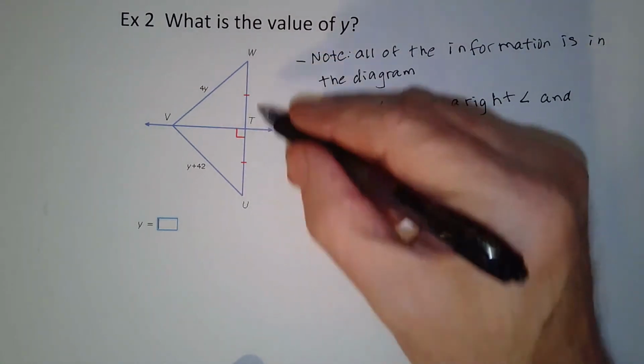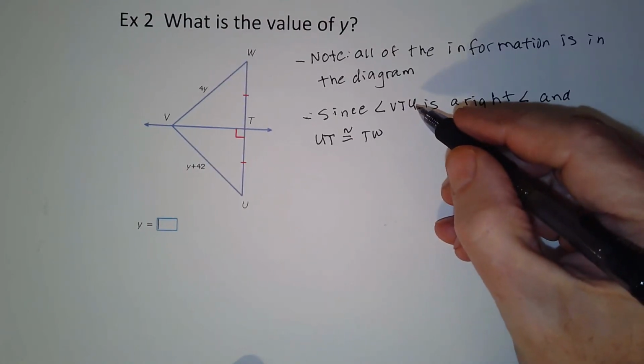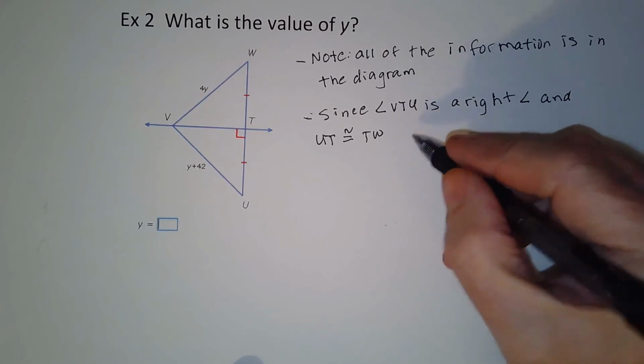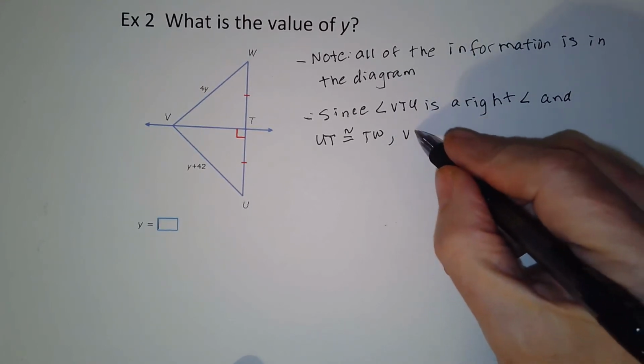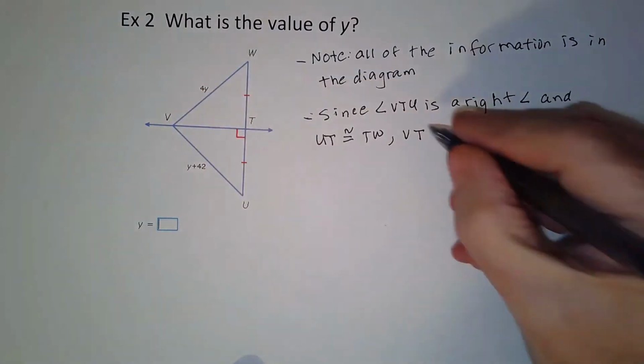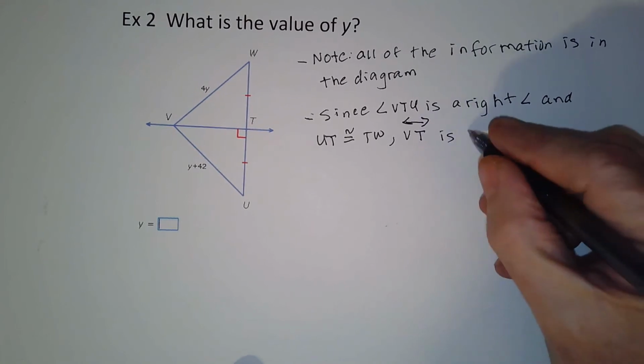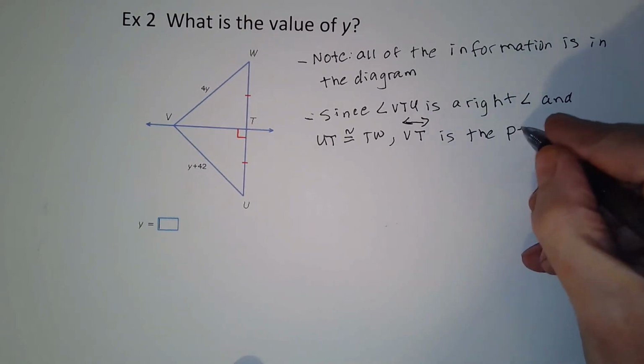So UT is congruent to TW. All right. Then VT, that's this line here, so I'll show it as a line, is the perpendicular bisector.